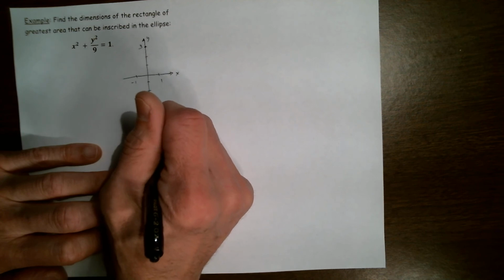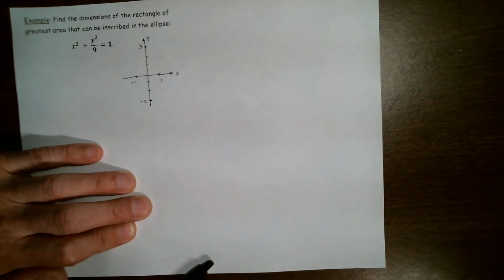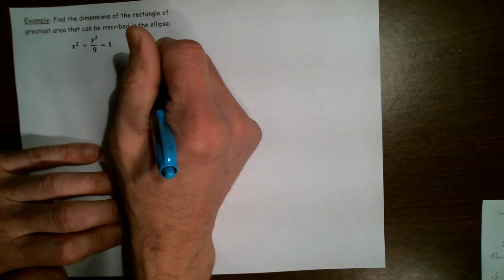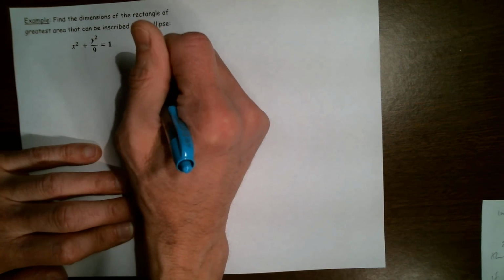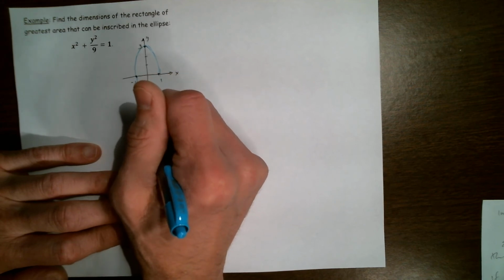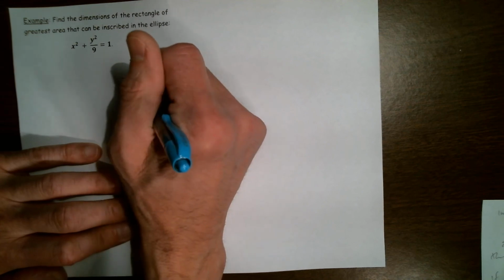Okay, and so those 4 points give us enough information to draw a rough sketch of the ellipse relevant to this problem. Okay, so there's our ellipse.